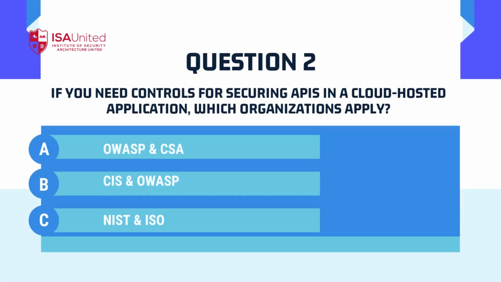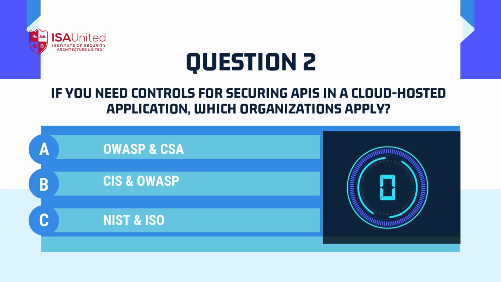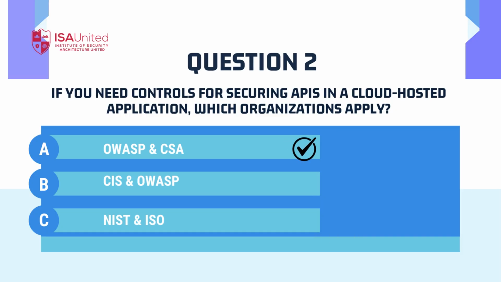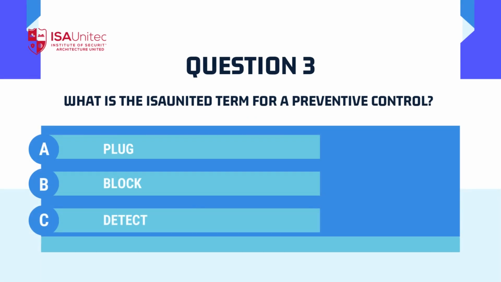If you need controls for securing APIs in a cloud-hosted application, which organizations apply? A. OWASP and CSA. B. CIS and OWASP. C. NIST and ISO. Question 3. What is the ISAUnited term for a preventive control? A. Plug. B. Block. C. Detect.